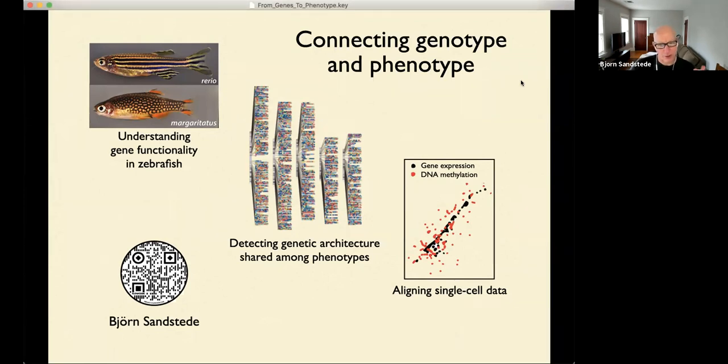So there will be, as I said, 3 different topics. I want to talk a bit about zebrafish and understanding gene functionality in zebrafish, and then switching to understanding common gene structures that underpin groups of diseases. And then the final topic that I'm going to talk about, that's more recent, is thinking about aligning single cell data.